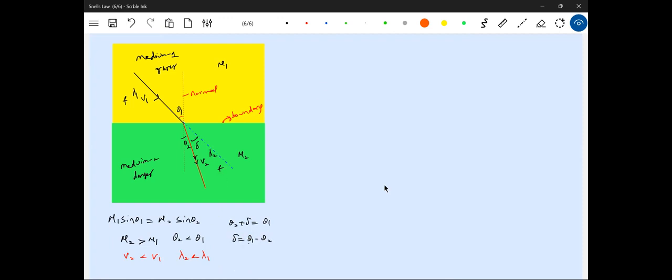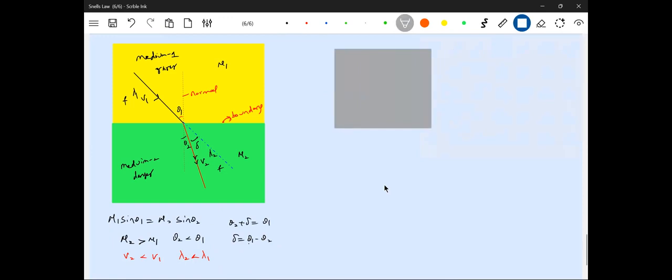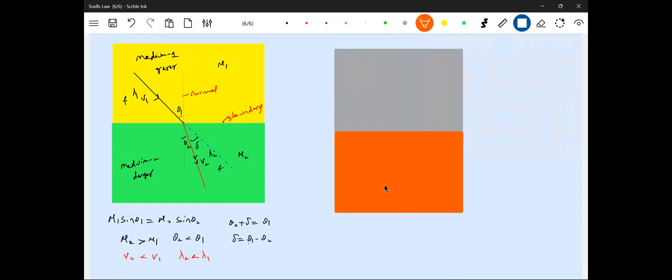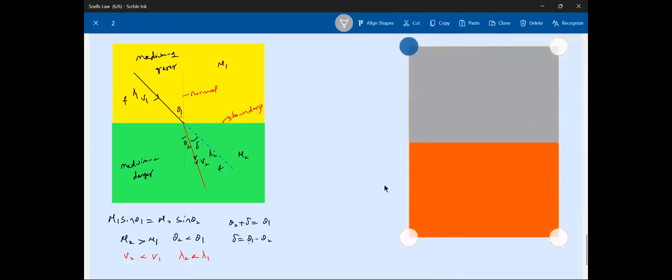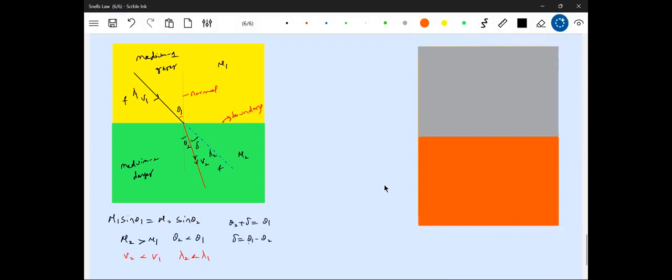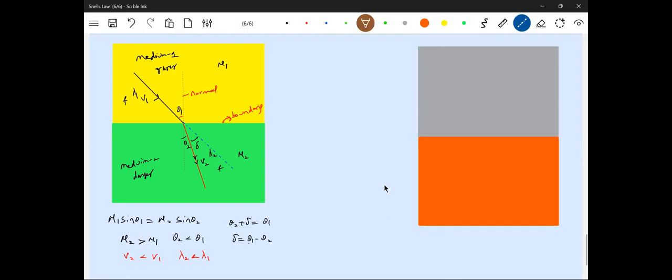Okay, now similarly, if a ray of light moves from denser to rarer, then we'll see what conditions will arise. Okay, let this be the normal.